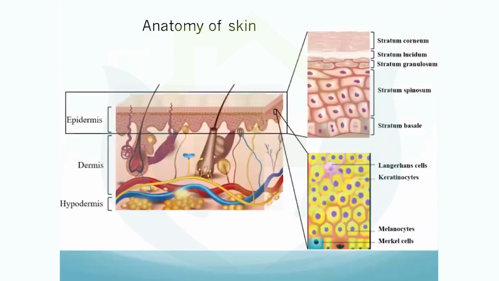Before I go to the actual presentation, just a short introduction about the layers of skin. The skin consists of an epidermis, where you have the various layers of the skin, and here we have the Langerhans cells, which are the immunologic cells of the skin. In the dermis reside the hairs, sebaceous follicles, fat, blood vessels, and the nerve receptors, which are responsible for our sensory perception.